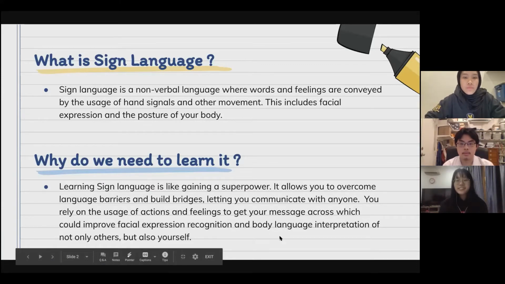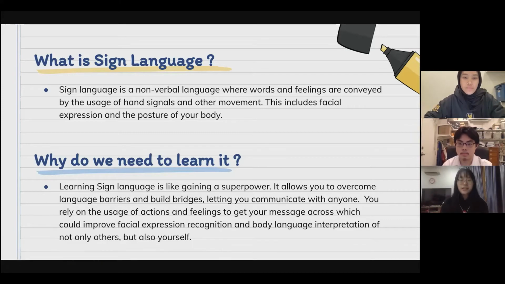Sign language is a type of language which allows people to communicate by using hand signals, body language, and facial expression. So why do we need to learn sign language? Well, learning sign language is like acquiring a superpower. It allows you to communicate with anyone, even if you speak different oral languages.